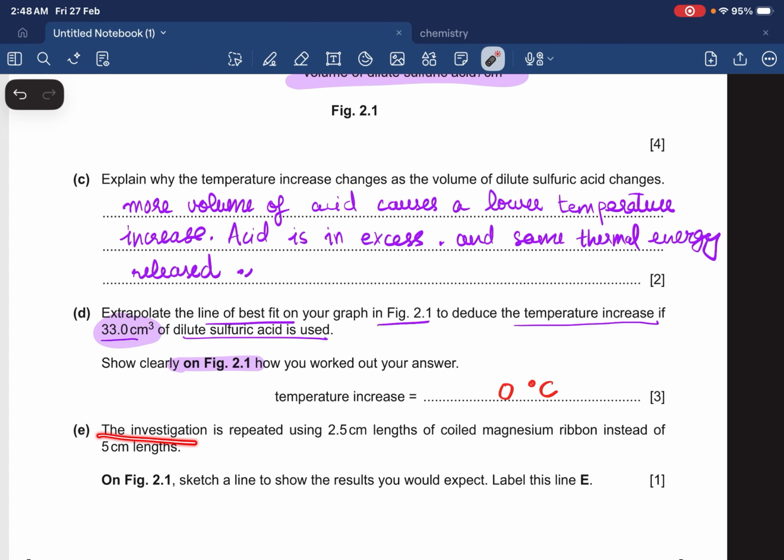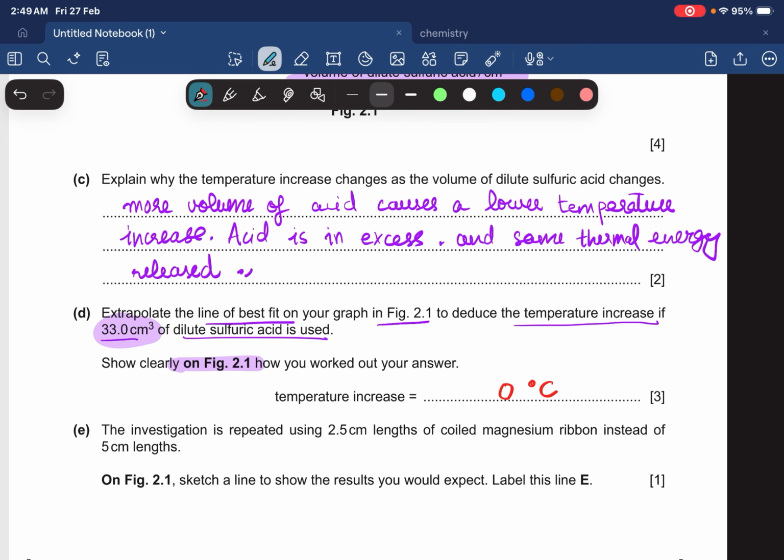The investigation is repeated using 2.5 cm lengths of coiled magnesium ribbon instead of 5 cm lengths. On figure 2.1, sketch a line to show the results you'd expect and label the line E. Okay, so now you should remember one thing over here, that your magnesium ribbon is decreasing.